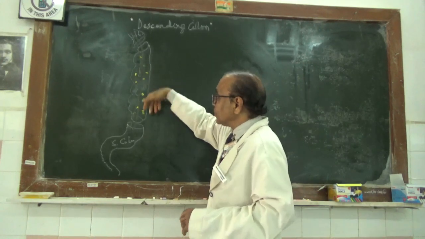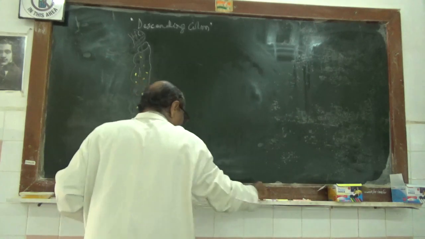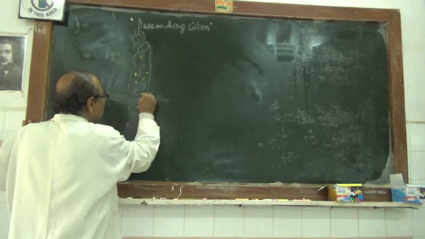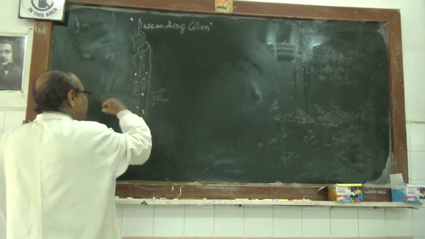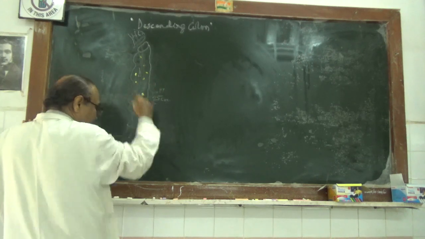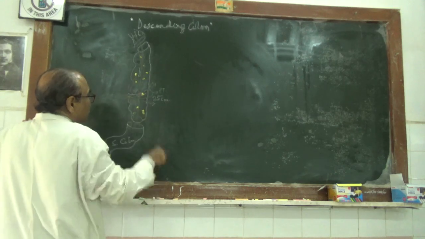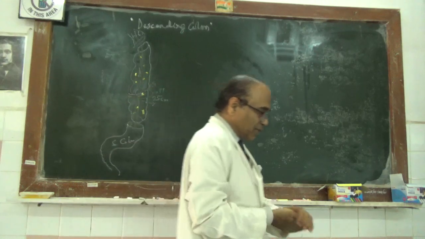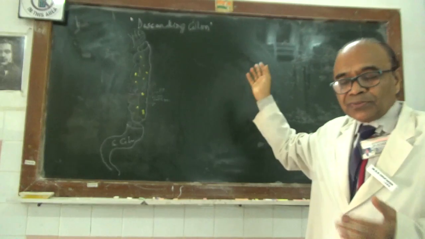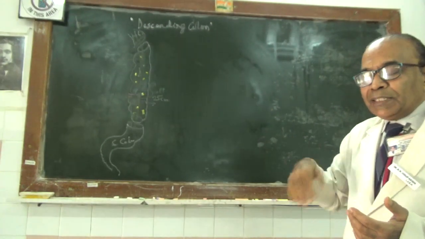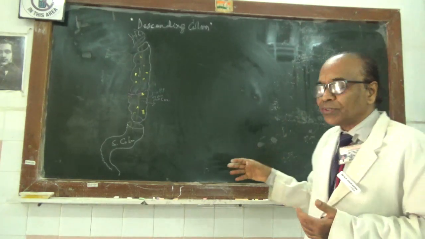This descending colon will be completely covered by the peritoneum. So it is covered by the parietal part as well as the visceral part. Parietal will be after running the left portion of the mesentery, covering the anterior aspect of the posterior abdominal wall, leaving behind some structures.